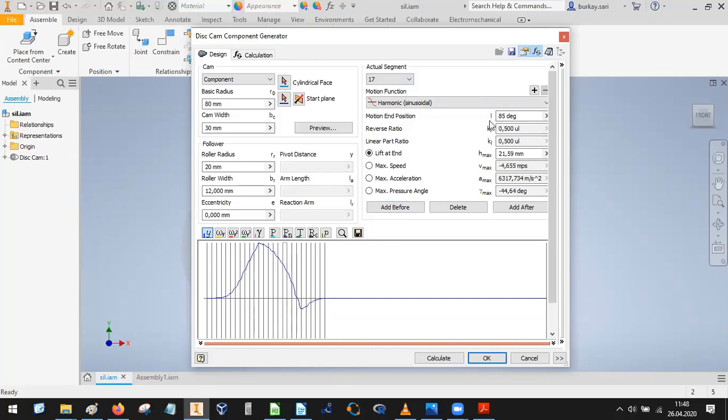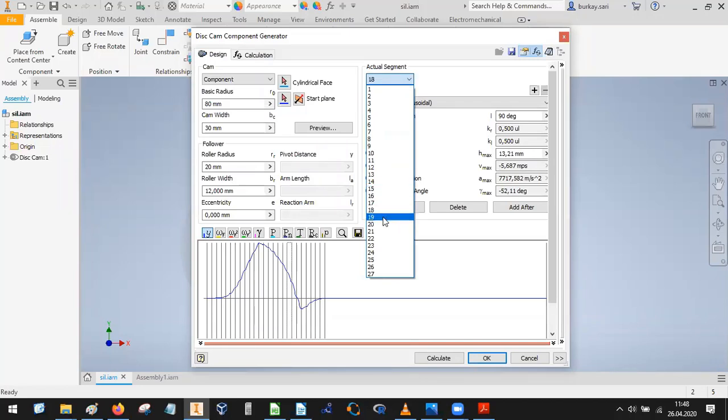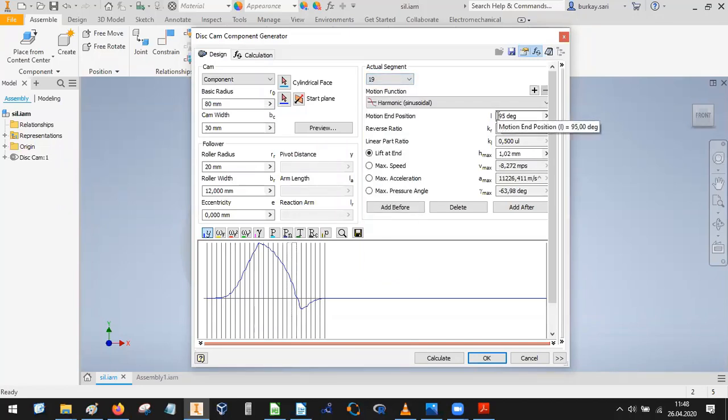18, 75 degrees, 21.59 millimeter. 18, 90 degrees, 13.21 millimeter, 19, 95 degrees, 1.02 millimeter.